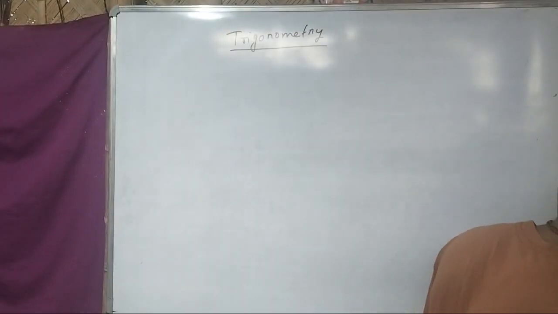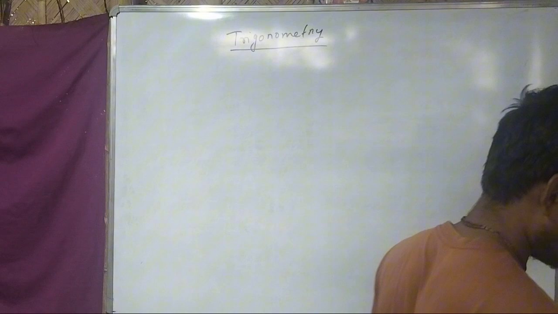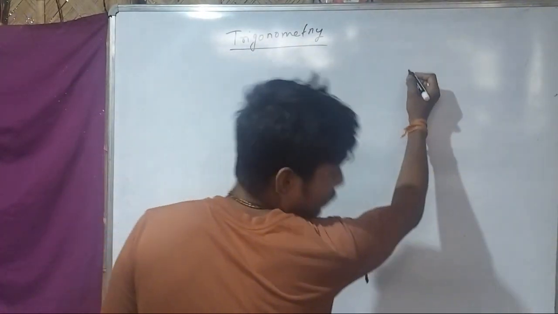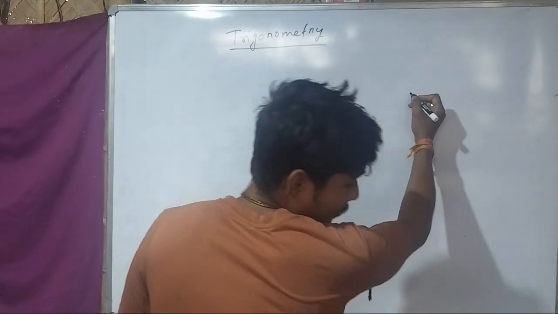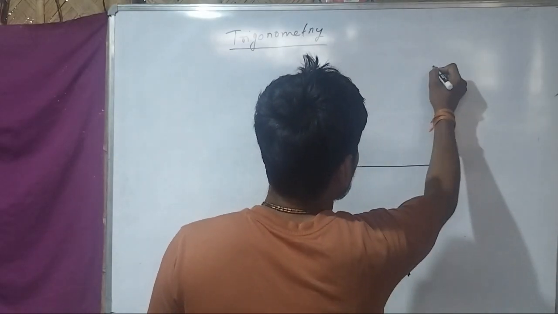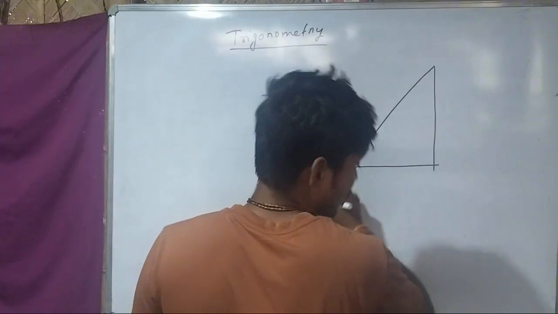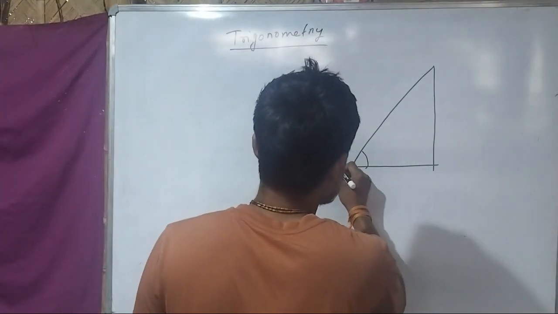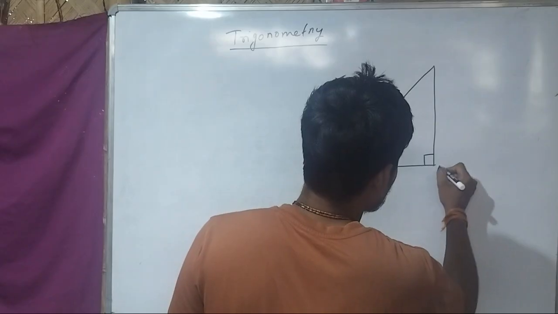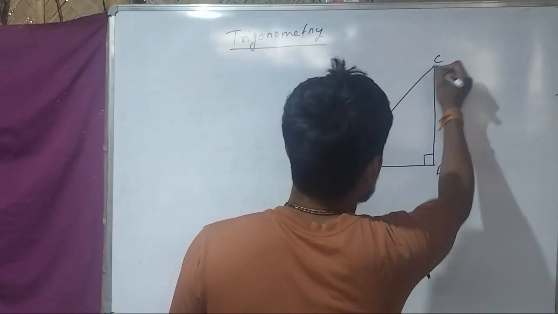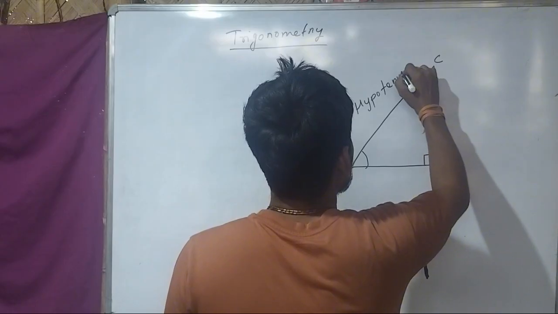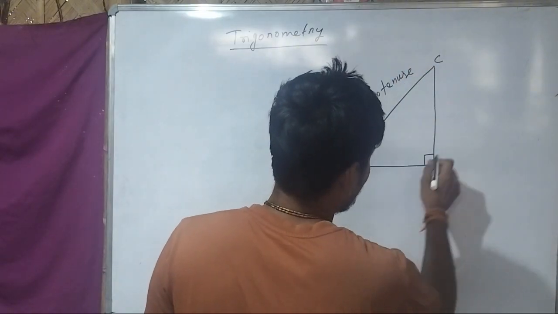Now I will give you some trigonometric ratios of the angle A, some formulas of trigonometry, so that everything will be clear. This is A, this is B, and this is C. This is the hypotenuse.